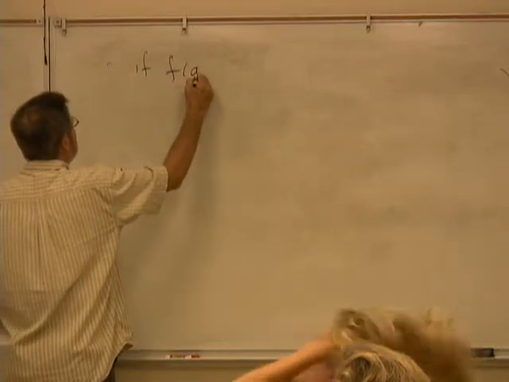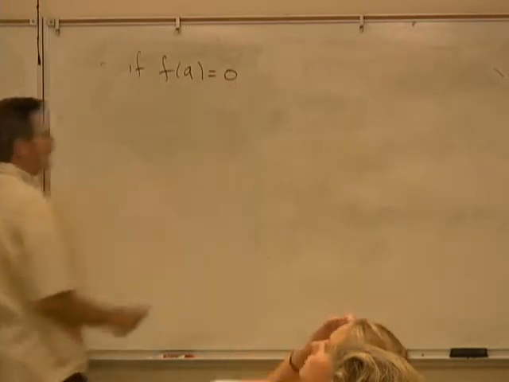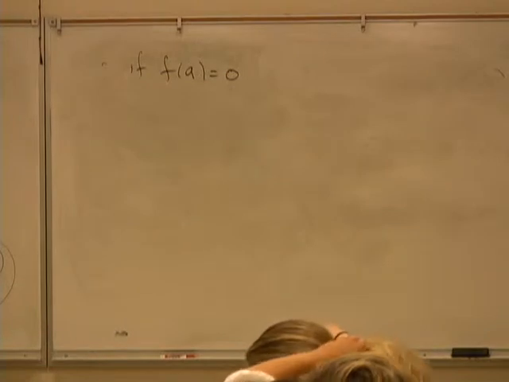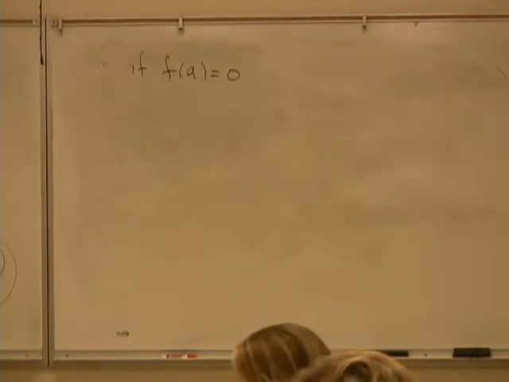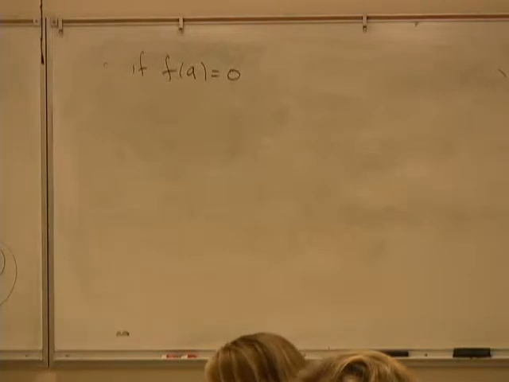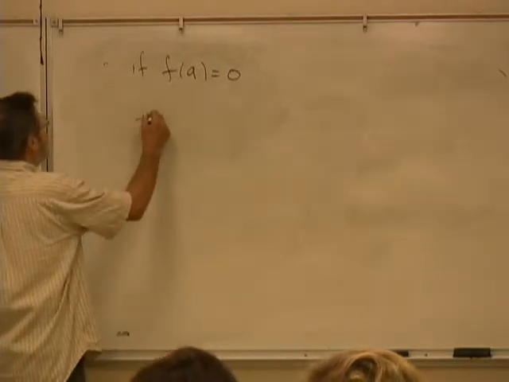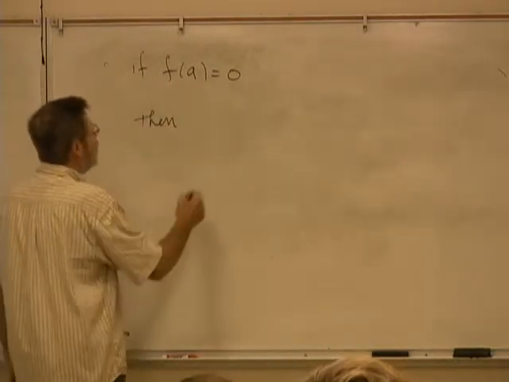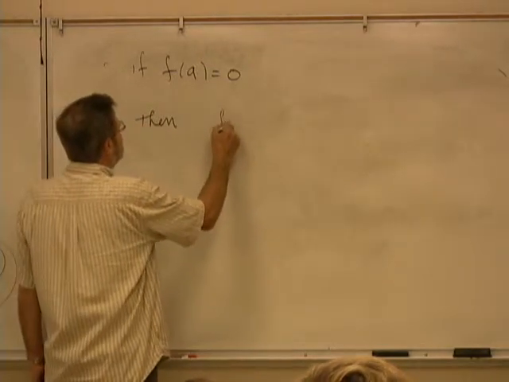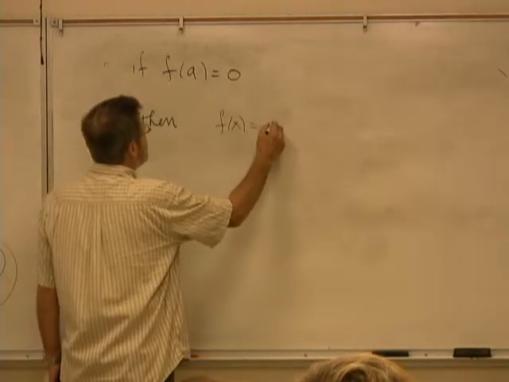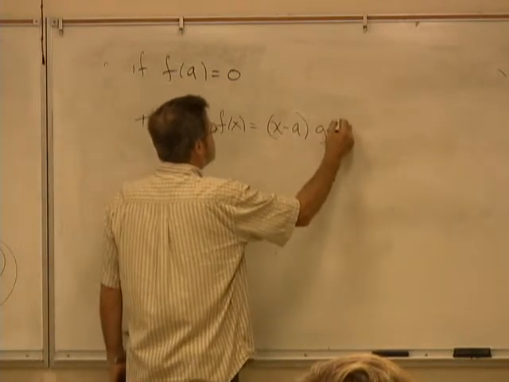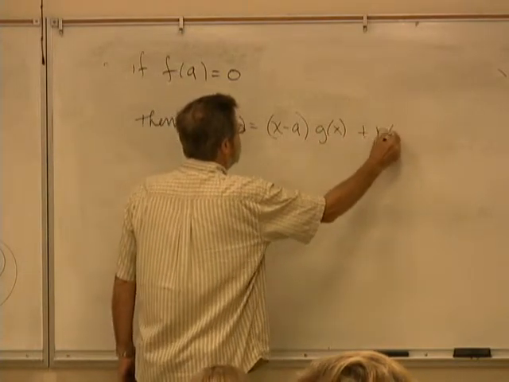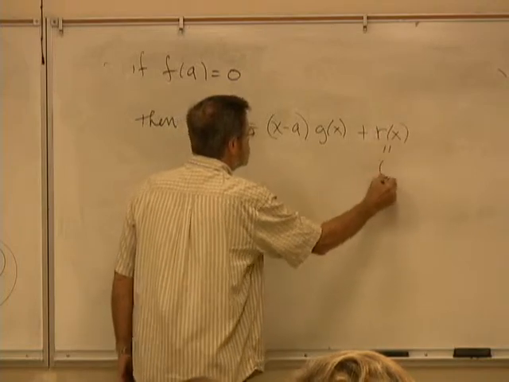If f of a equals 0, and that's very important. That's like finding the roots of a quadratic equation using the quadratic formula. If f of a equals 0, then that means that f of x looks like x minus a times g of x plus r of x, which equals 0.